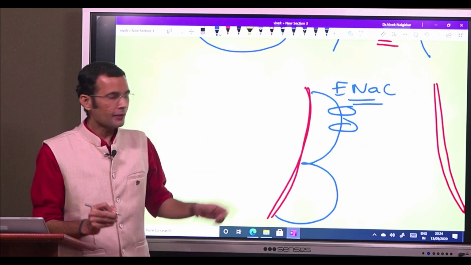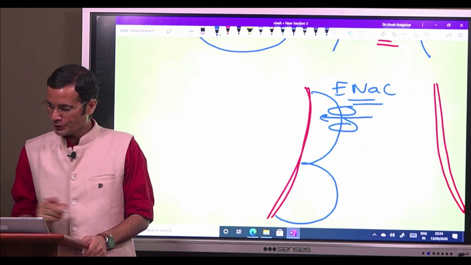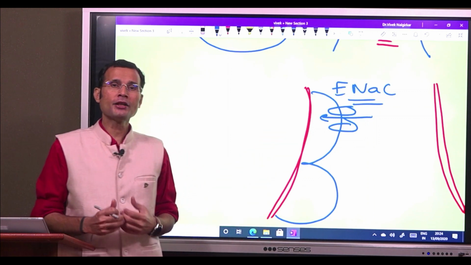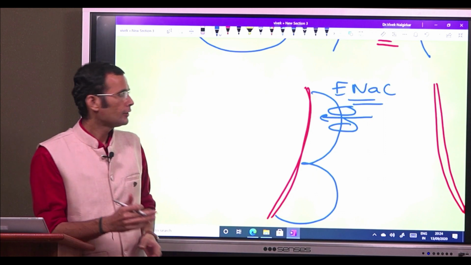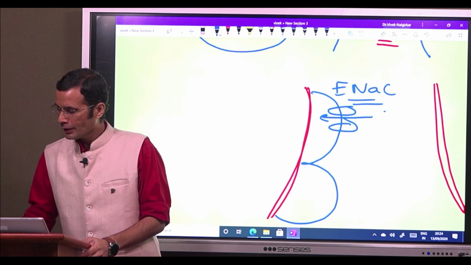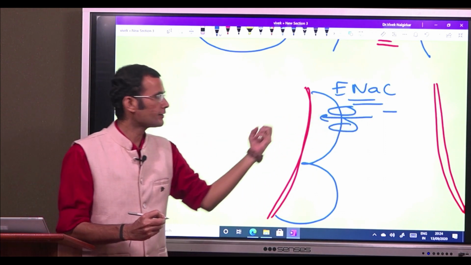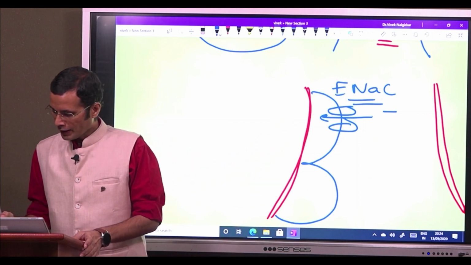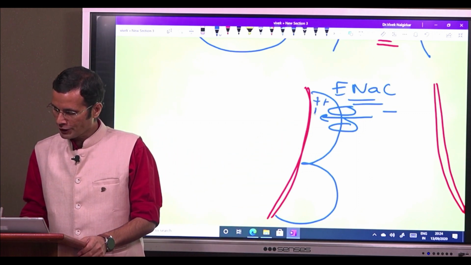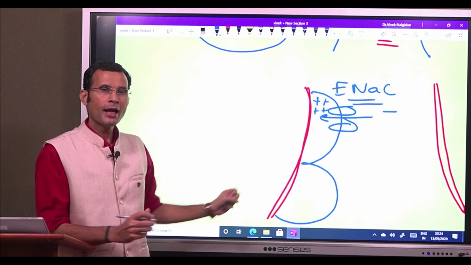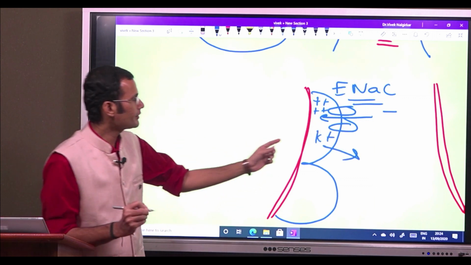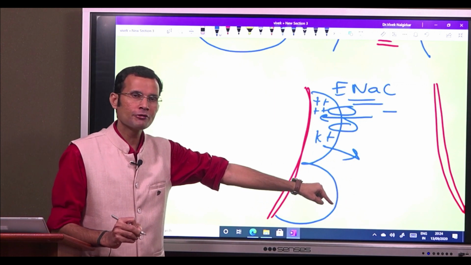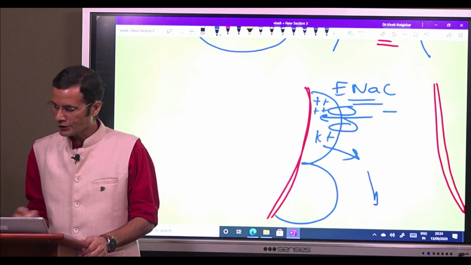Now this ENaC causes sodium reabsorption, and therefore that creates a transepithelial electrical gradient. That is, the lumen becomes more negative because sodium has come into the cell, and the cell itself becomes more positive because sodium has come in, and this drives the potassium from inside the cell into the tubular fluids and into the urine.